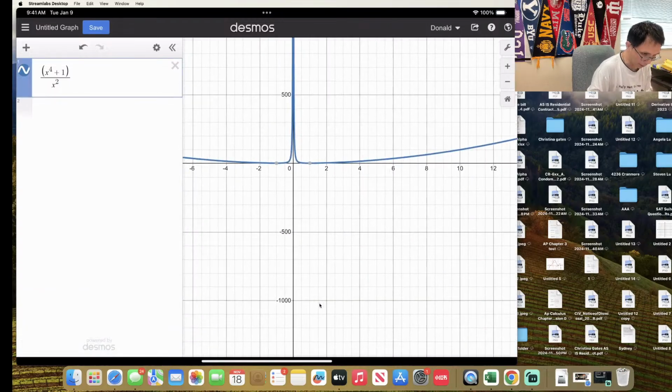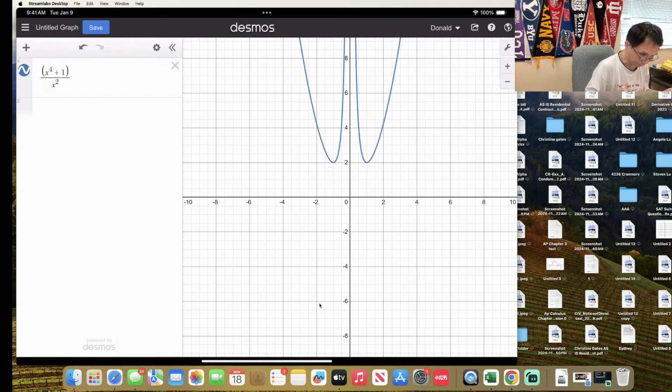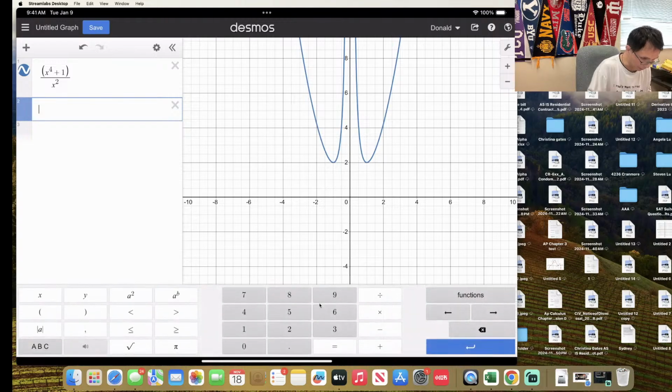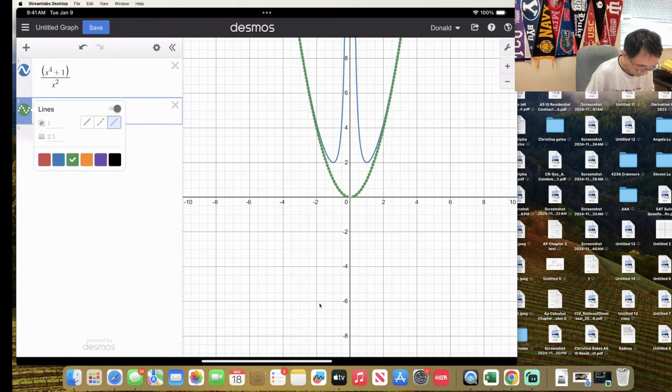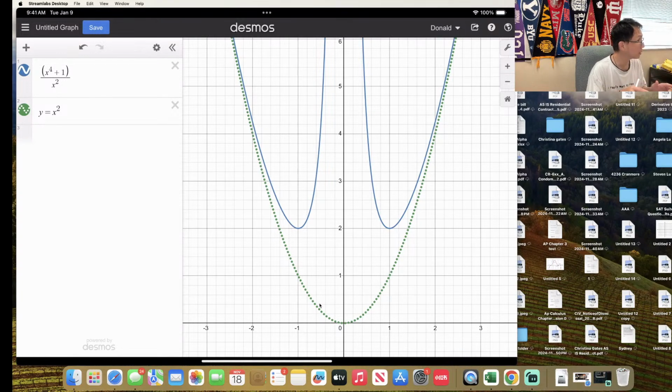So it looks like this, right? But if you do long division, you're going to get x squared, because x to the 4th divided by x squared gives x squared. So look at this. There's a long division here, y equal to x squared. So you can have an asymptote that looks like a parabola.